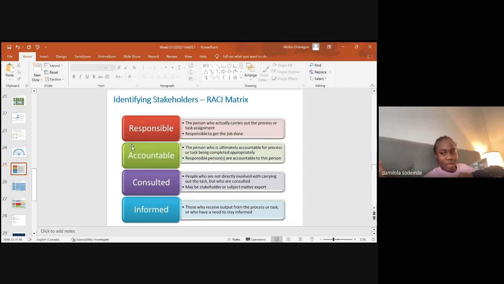So not everyone should be consulted. Only those that are actually the subject matter experts that are needed need to be consulted. Based on who needs to be consulted for the project after the analysis has been done or is being done, that would then determine who is actually accountable and who is responsible for the tasks involved. That's the way I see it.